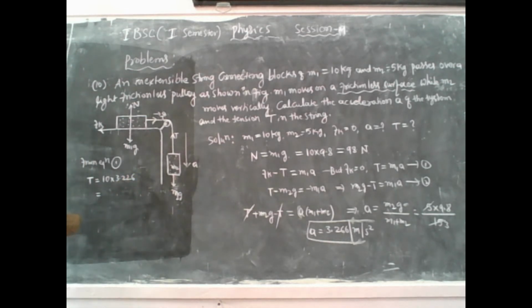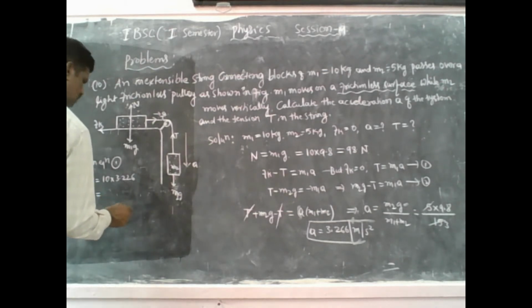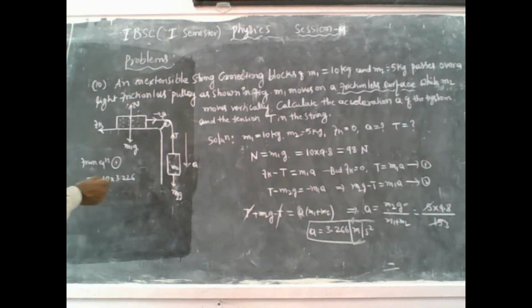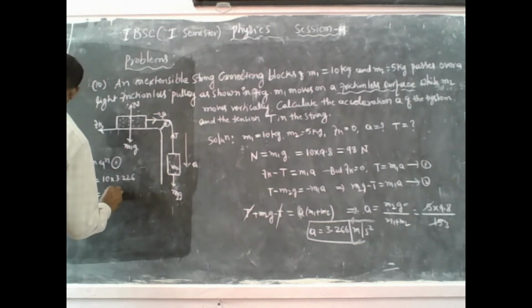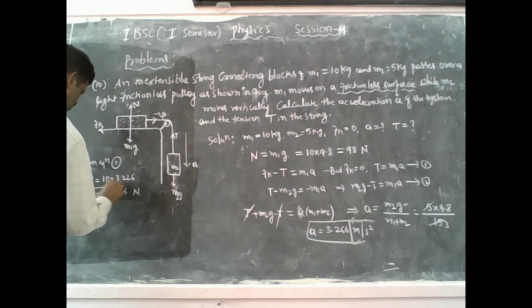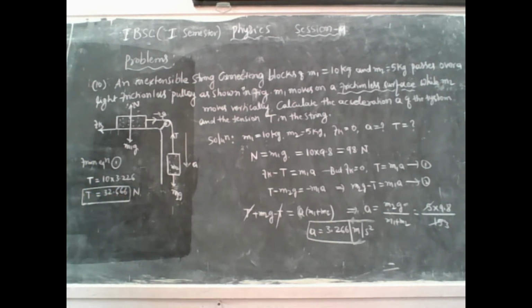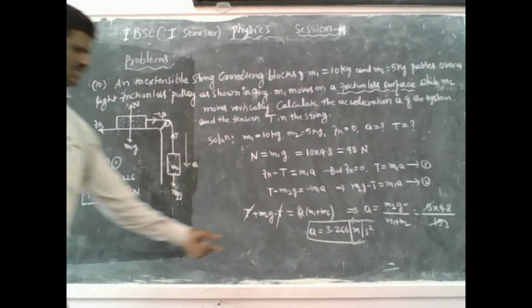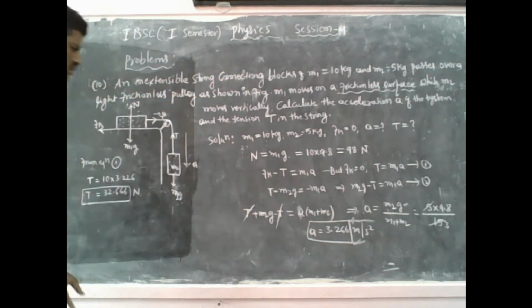So total tension equals 32.6 Newton. So this is the acceleration of the blocks and the tension produced by the string, isn't it?